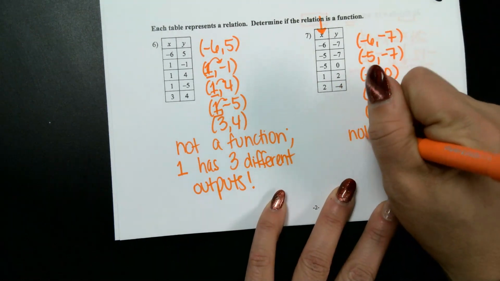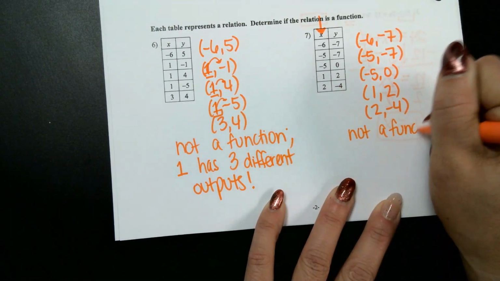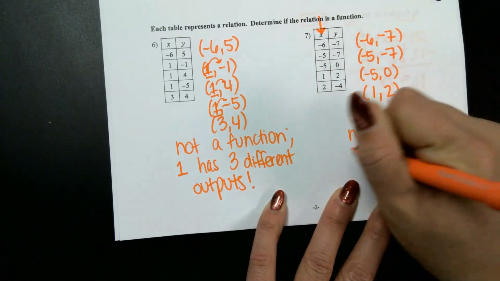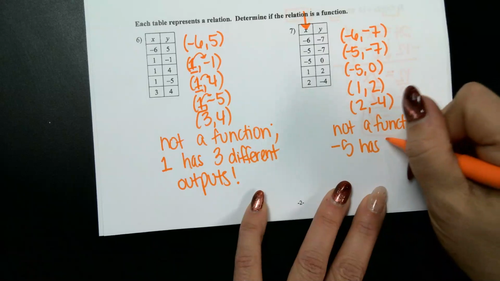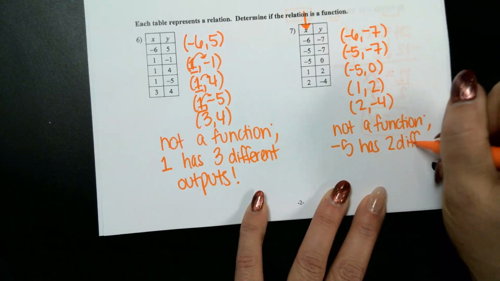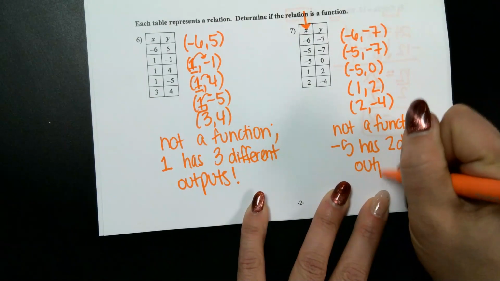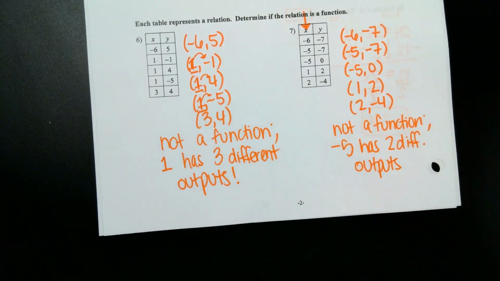Not a function because of which one? Negative 5 has 2 different outputs. So that would be a no. When you have those 2 written down, turn the page.